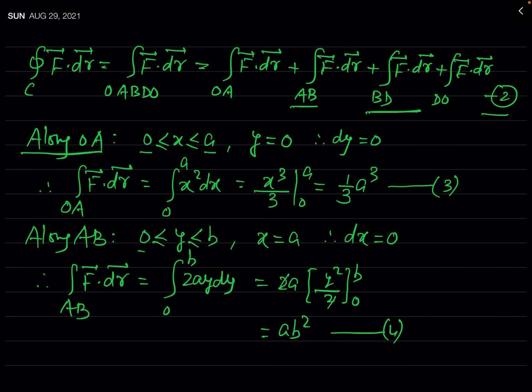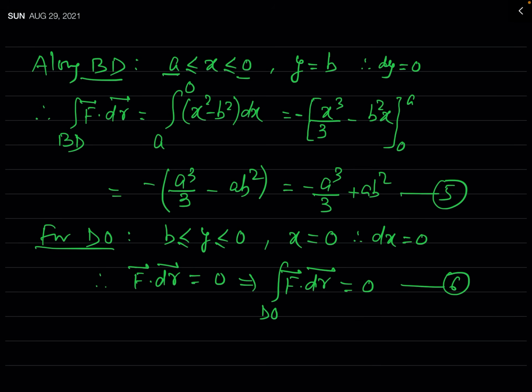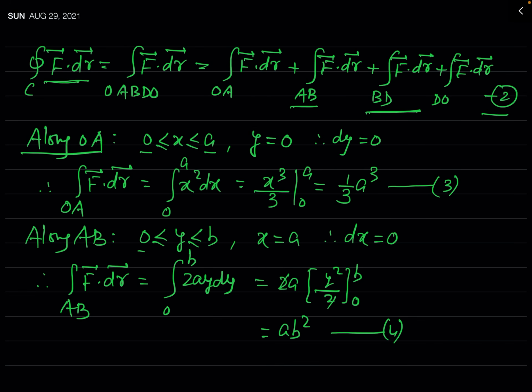Substituting all these values of integrals in equation 2, we can find the integral of f dot dr along the closed curve C. So you can easily find it. Therefore, from equation 2, find the value of the integral along C of f dot dr. For this you have to add all the integrals which you have obtained.